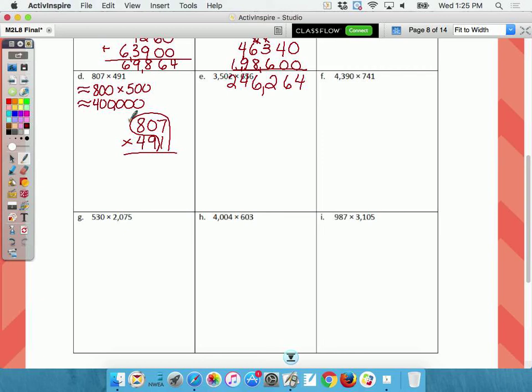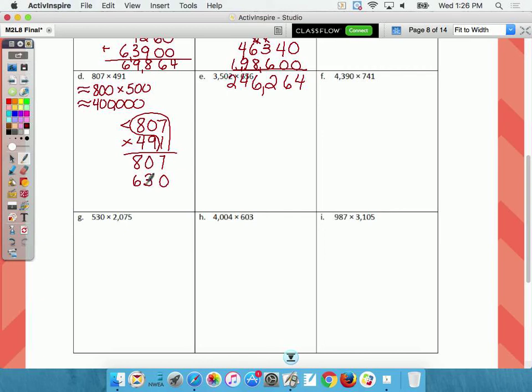So 7 times 1. 7. Oh, 807 times 1. Right? Okay, second row. What's 9 times 7? 63. Do I regroup the 6? No. Why? Because there's a 0. Very good. There's a 0 in the tens place.